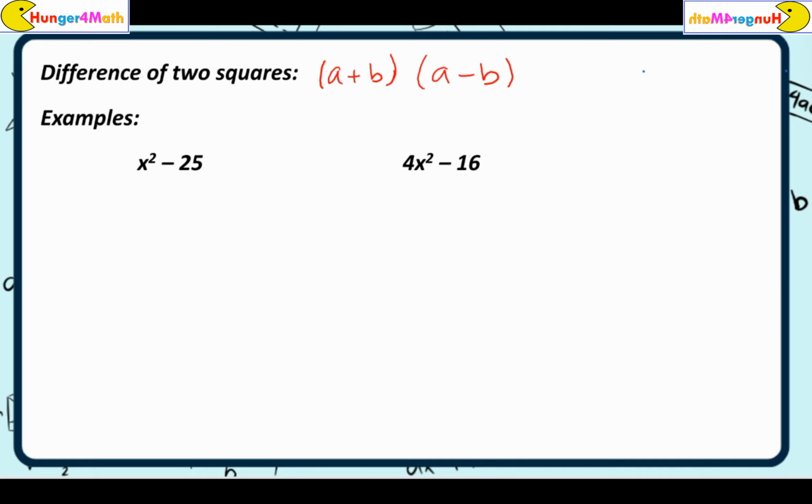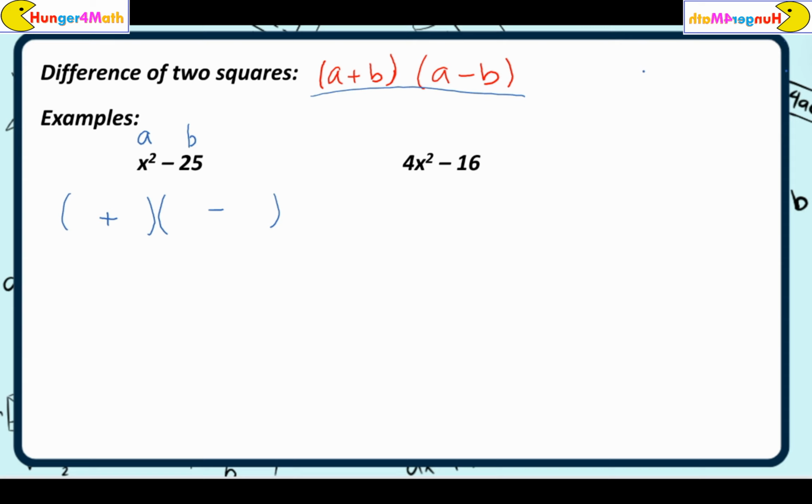Another type of factoring is difference of two squares. To use this, we are going to follow a plus b multiplied by a minus b. So let's try the first example. We have x squared minus 25. X squared will be your a and the 25 will be the b. Now let's write two parentheses with plus and minus.